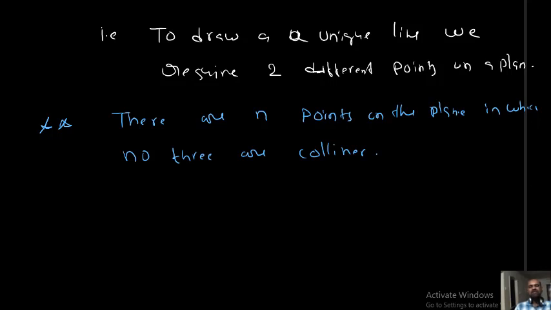Now we want to find how many straight lines you can draw. That is the interesting thing. There are n points on the plane, and no three of them are collinear. How many straight lines can you draw?